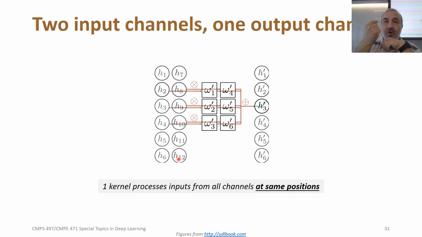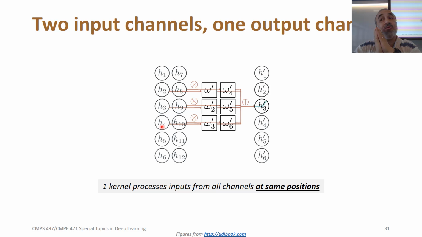Before we had just one input channel, right? So we applied the kernel just to one region, to one channel. Now, when we have multiple input channels, the kernel will be applied to this region and that region, the same region across the different input channels. It's like the depth for the kernel. But of course with different weights.